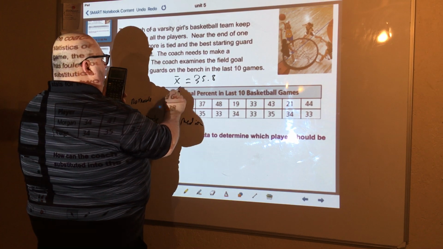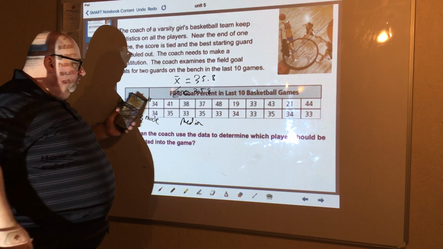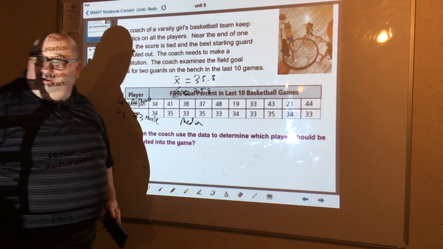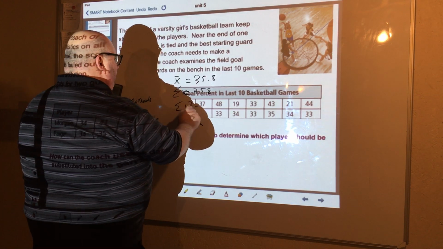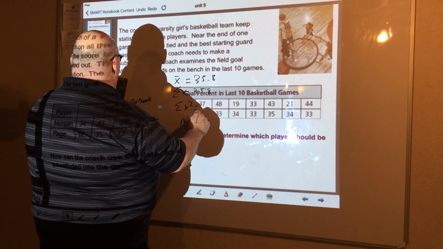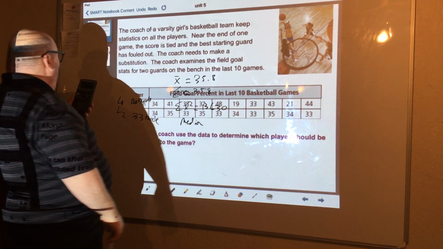We have sigma x of 358, which means all of these numbers added up, 358, divided by 10, 35.8. Sigma x squared is 13,630.